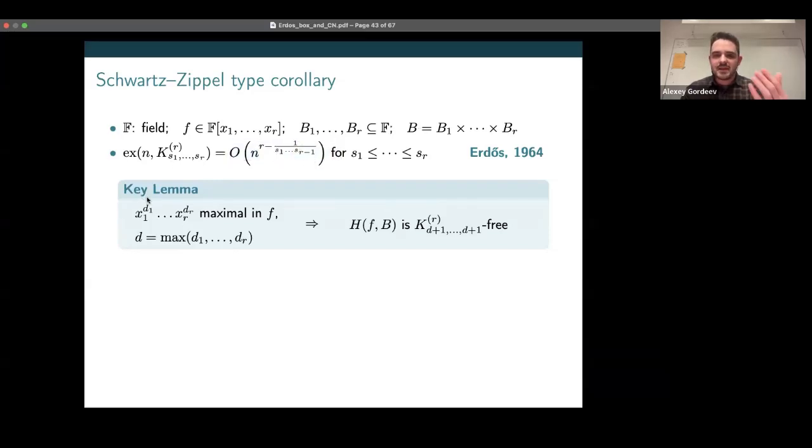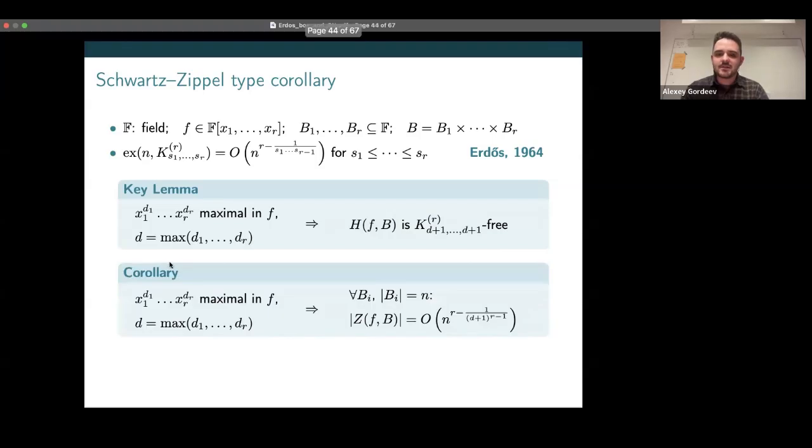And here in our lemma, we have shown that any hypergraph of the form H of FB is free of copies of some fixed hypergraph. So let's just combine these two results. What we immediately get is that if our product set B has every component of size n, then on any such product set, polynomial f would have at most this many zeros.